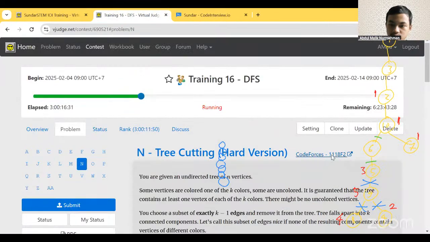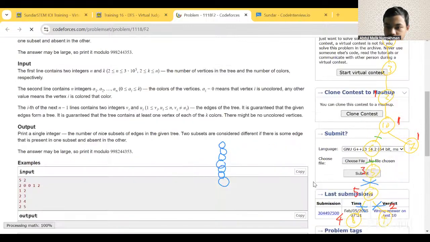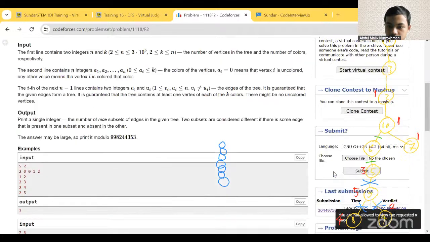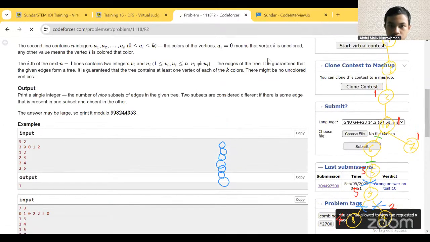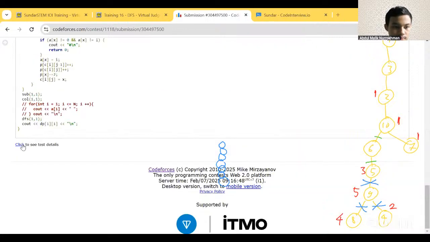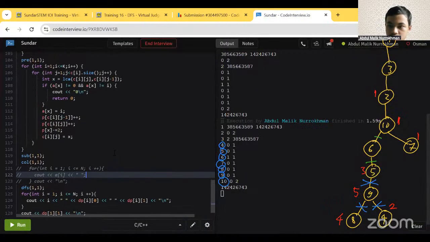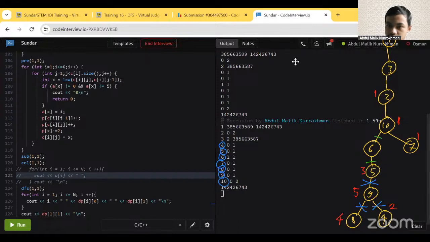And let me try to open my submission so we can check what is the intended answer. The intended answer should be 2, right? Because we can just choose whether we cut here or here, and the other one is always kept uncut.